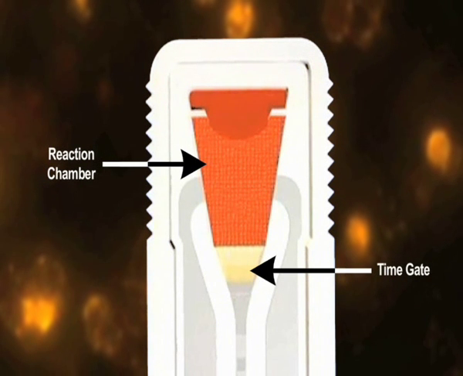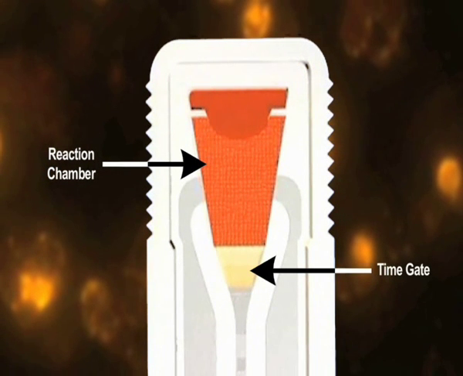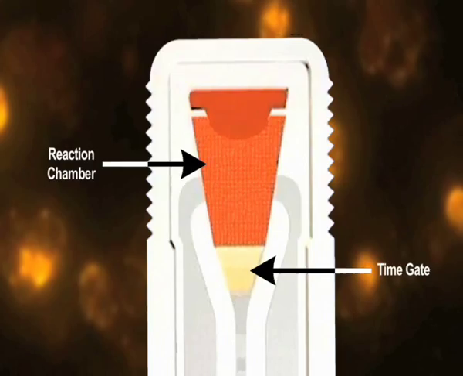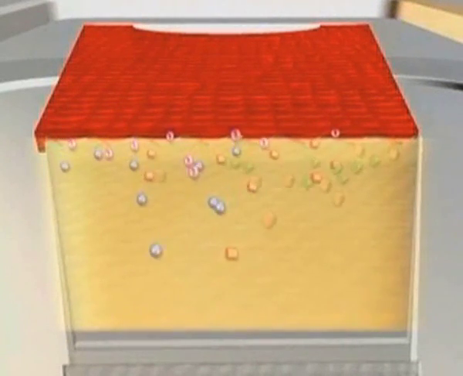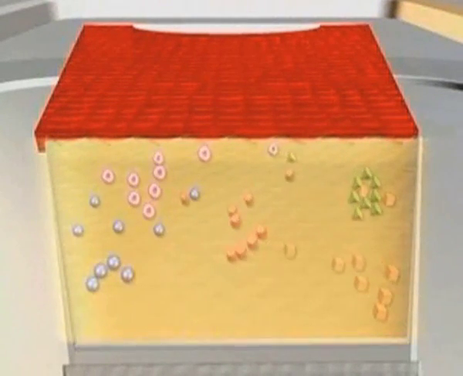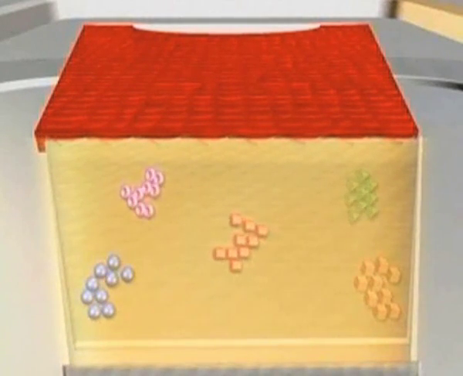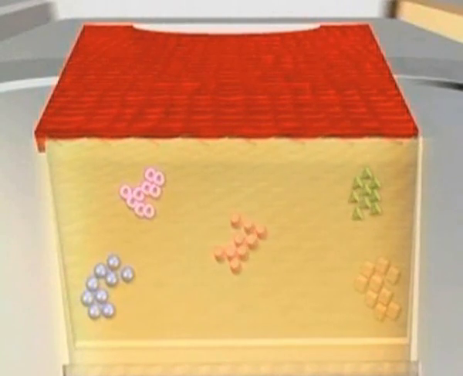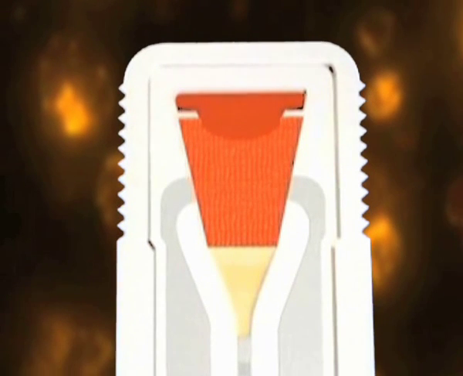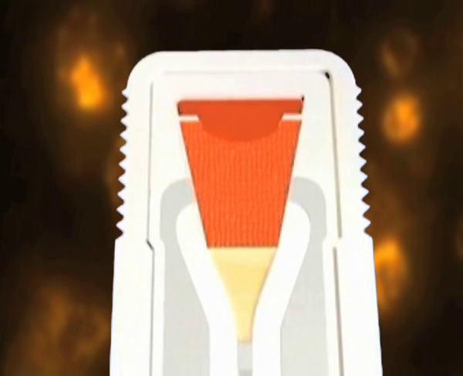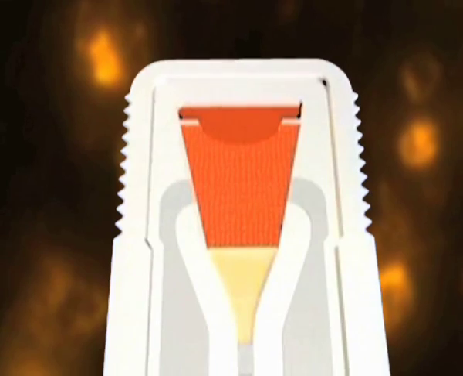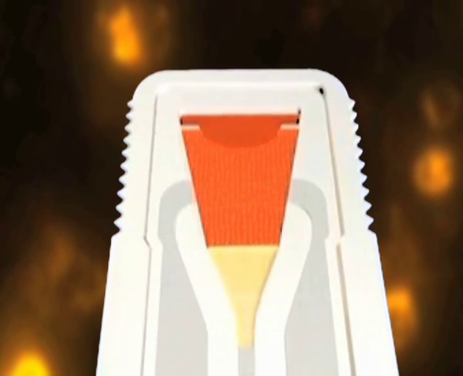A time gate at the end of the reaction chamber guarantees that the sample and the reagents incubate for precisely the correct amount of time. During the reaction, analyte molecules in the sample are reacting with the labeled antibodies, creating fluorescent analyte that can be quantified by the amount of fluorescent light they emit when excited with the laser.